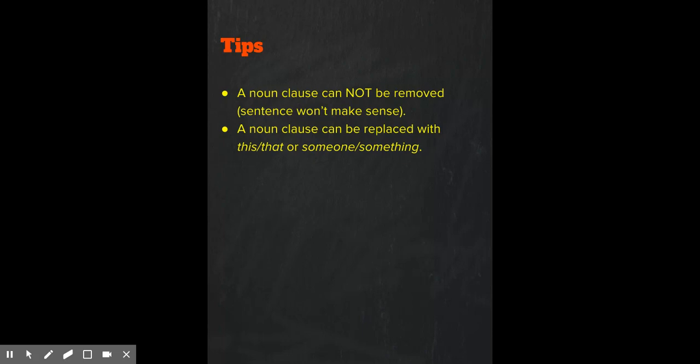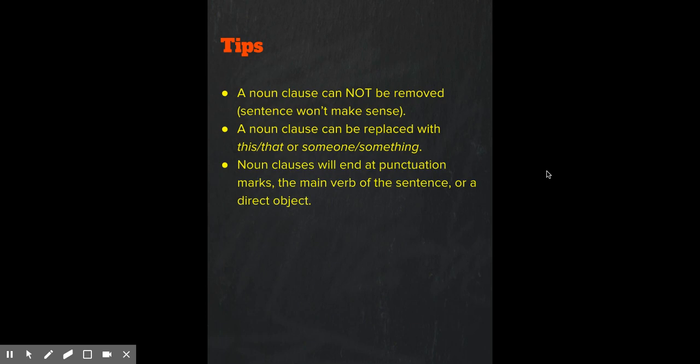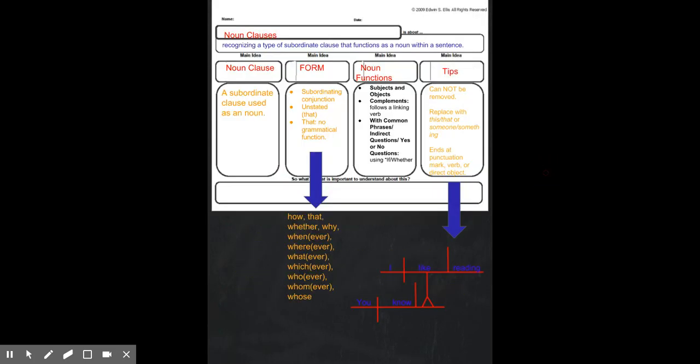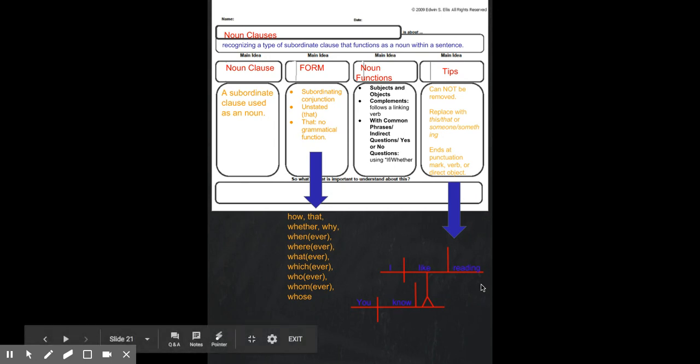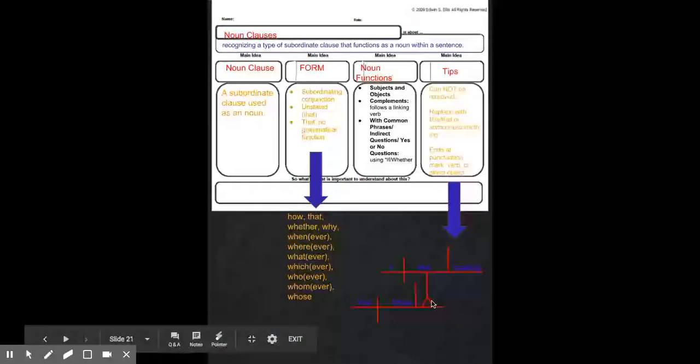If that makes sense in the sentence, then you're probably right, you've got a noun clause. Noun clauses will end at punctuation marks. They'll also be around the main verb of the sentence or direct object. All right, so tips: cannot be removed. Check by replacing with this, that, someone, or something. And also really look at diagramming it out. It really does help.